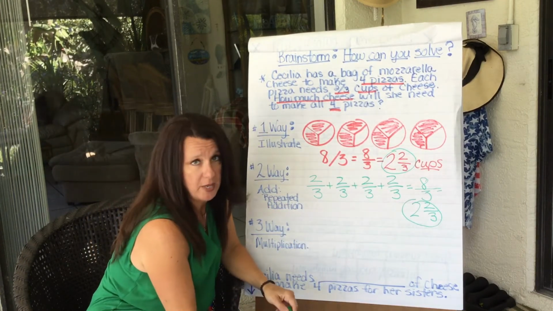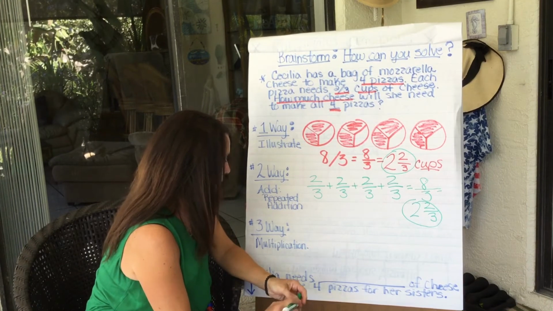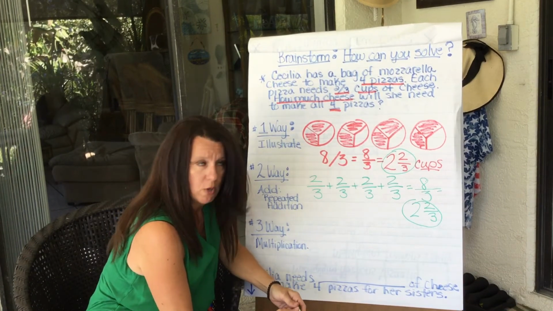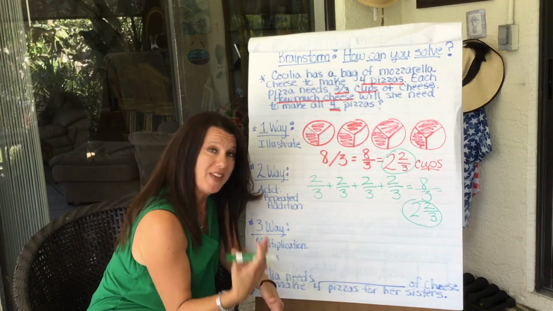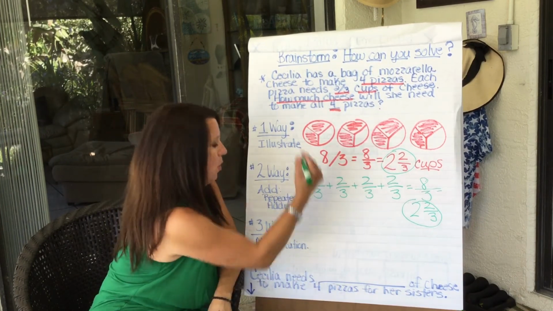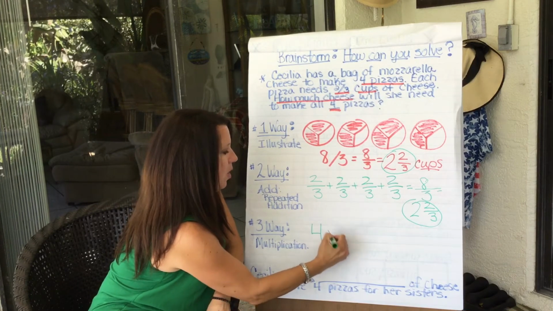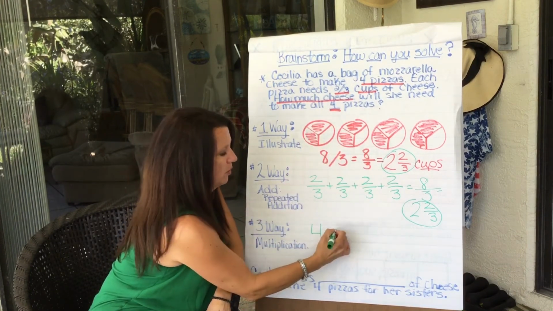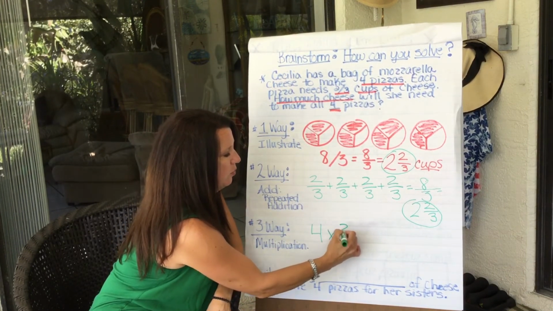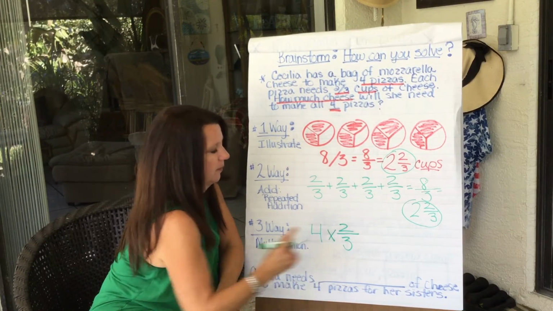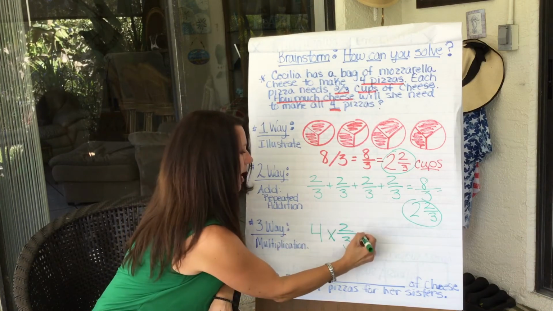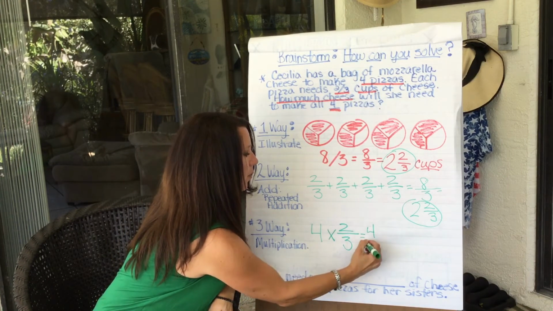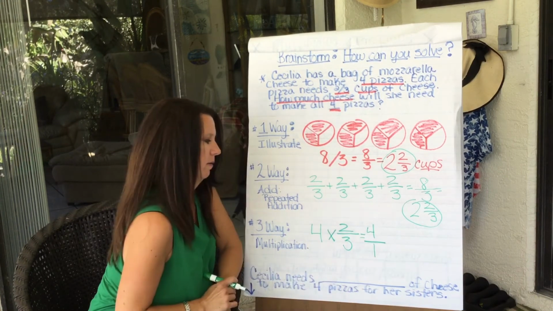All right, so that's repeated addition, but this whole thing has been about multiplication. So again, let's think about how we can shorten it and do it faster with multiplication. So we know we have 4 pizzas, right? And we know that there's 2/3, so we're going to multiply 4 pizzas times 2/3 cup. So what we did on that first page prior to this, right, was that I showed you 4 is a whole number, so it would go over 1, right?